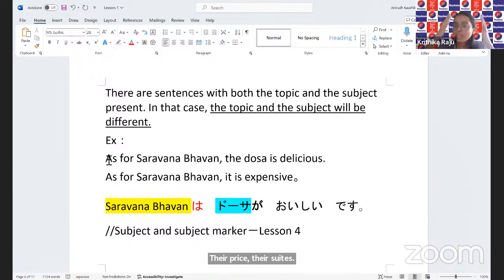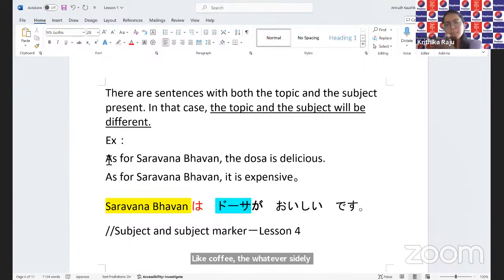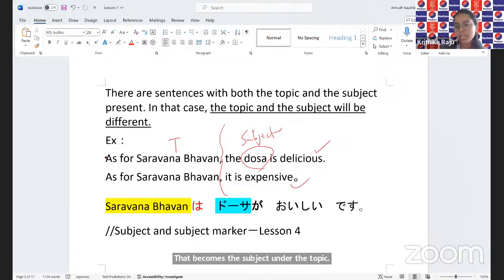So under the topic Saravana Bhavan, you choose to talk about the different subjects like coffee, tea, whatever, dosa, idli, and all of that. And then proceed to talk more about it. So that's where Saravana Bhavan is the topic. And if you talk about dosa, that becomes the subject under the topic. The dosa is delicious or the dosa is expensive, whatever you want to talk about.